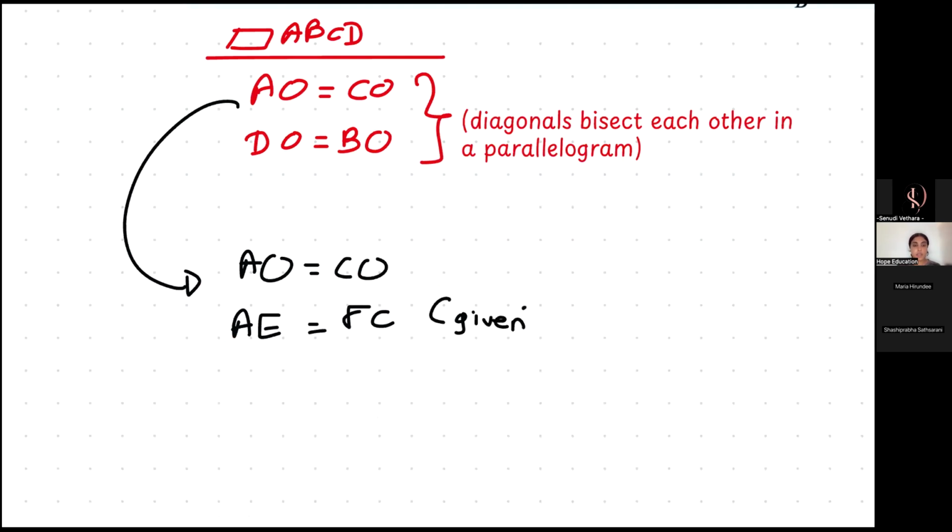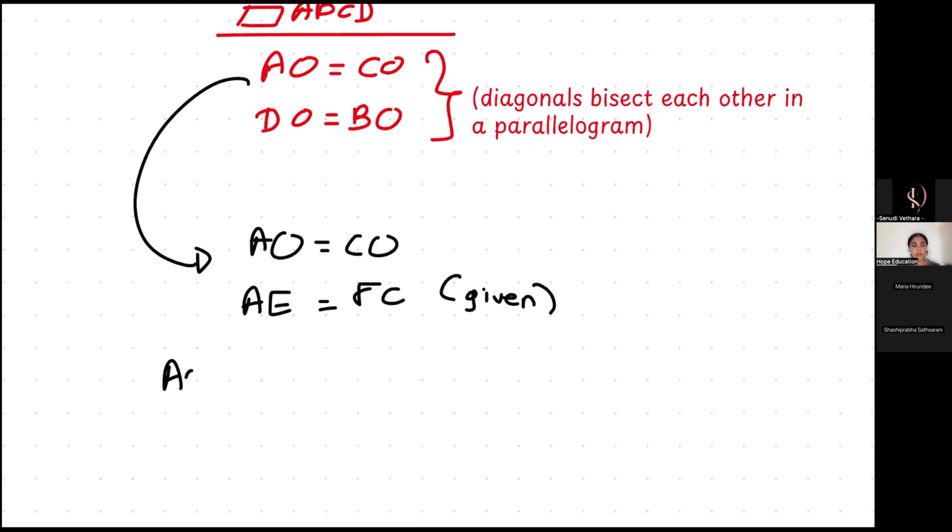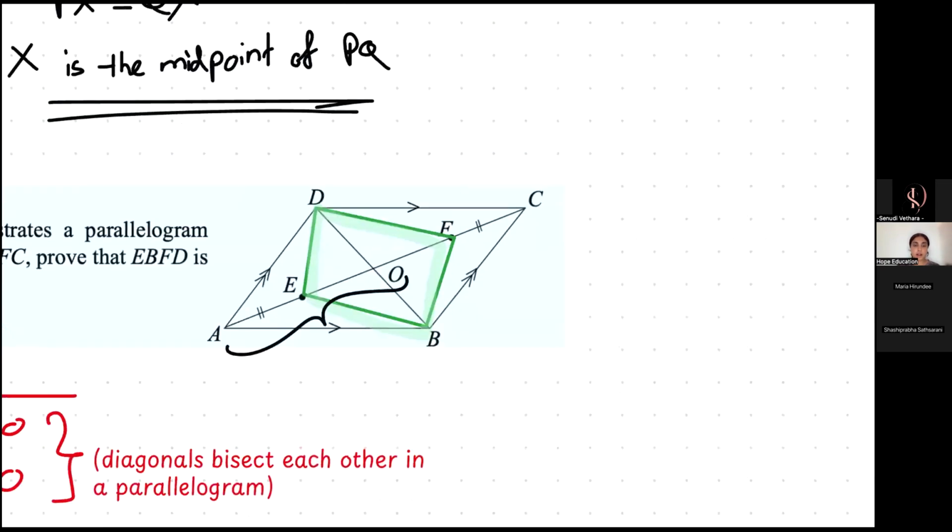So, AO minus AE and CO minus FC. කියන්නේ මෙයාගේ මෙයා වඩු කරා මෙයාගේ මෙයා වඩු කරා. So, AO ගෙන් AE ව subtract කරාම I get EO.